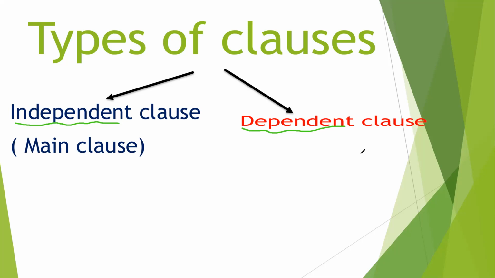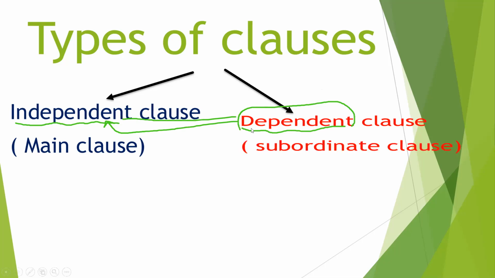They seek help from the independent clauses. So these ones, they depend on the independent clauses. They can't stand alone, weak. They don't make sense when they're alone, the dependent clauses, I mean. Another name for them is subordinate clause. Let's see the differences.